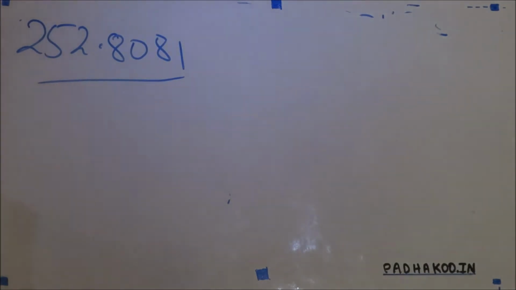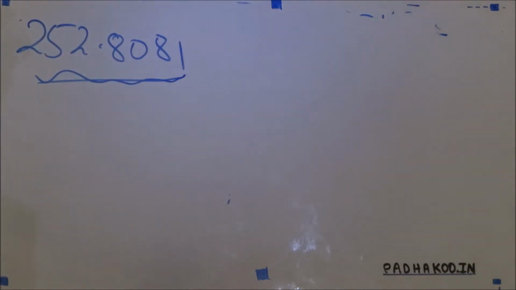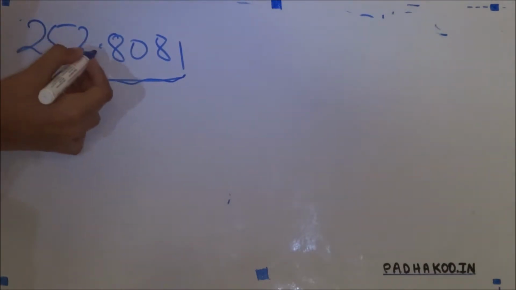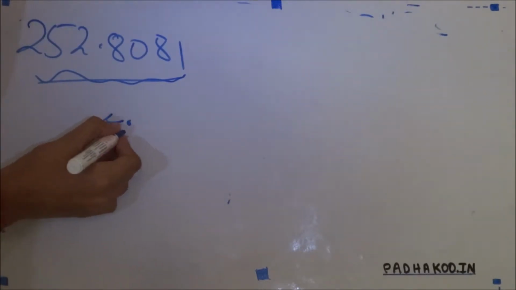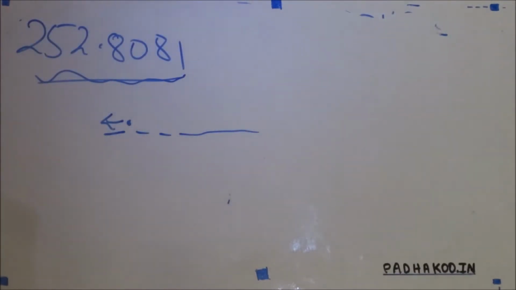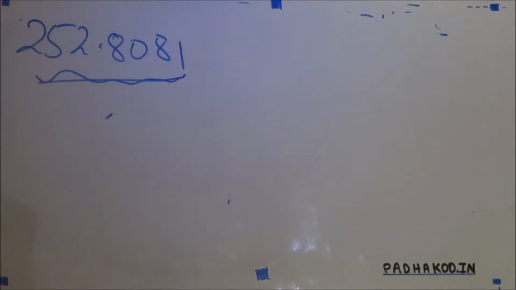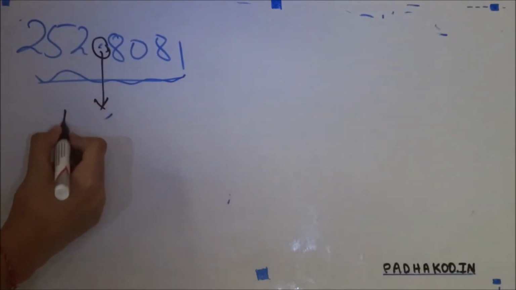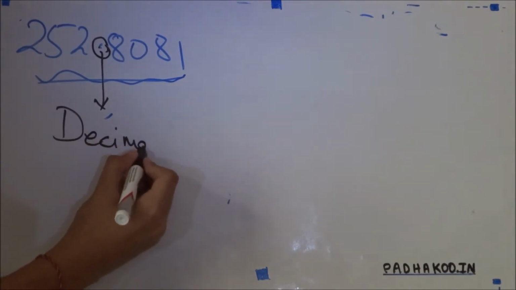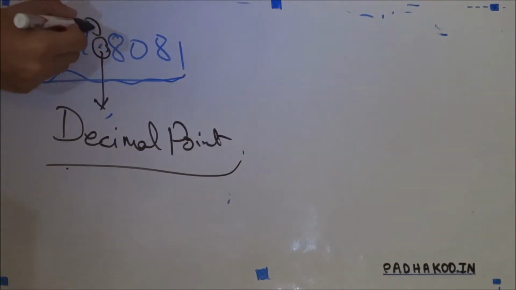Exponential form is like converting this into a number where there is only one digit on the left of the decimal point. Here there should be only one digit, and on the right you can have as many as you want. That means we can only shift the decimal point left or right.